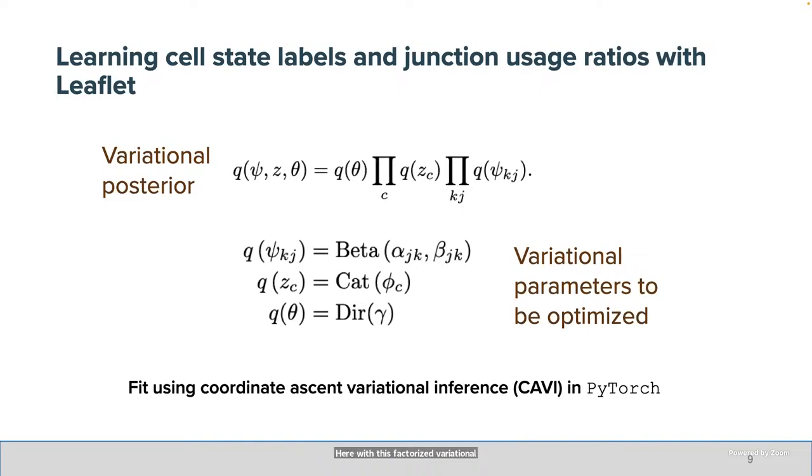We can assume that each group of the latent variables we saw are independent of each other, and so we can define the variational parameters for the individual latent variables in our model. To actually optimize this, we employ coordinate ascent variational inference, where we iteratively optimize one parameter at a time while keeping the others fixed, basically trying to improve our approximation of the true posterior distribution.